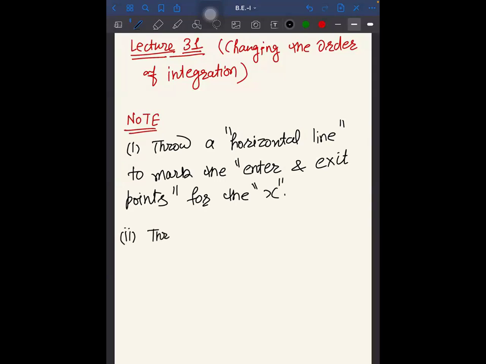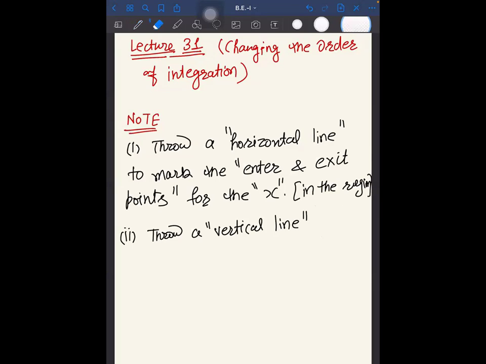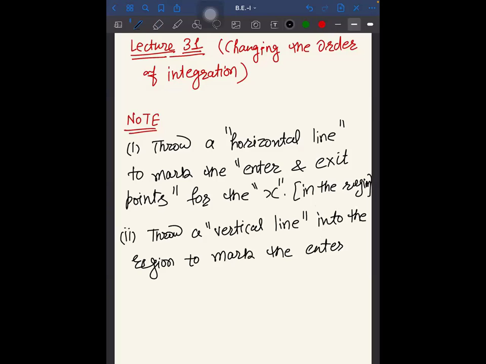Through a vertical line into the region, mark the enter and exit points for the y.